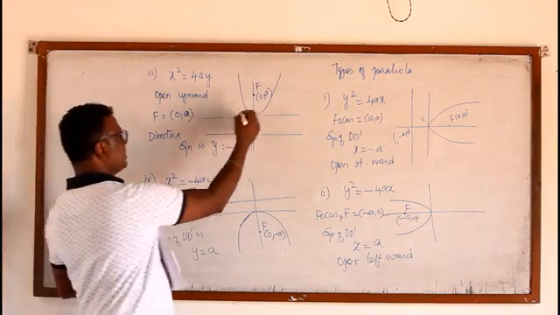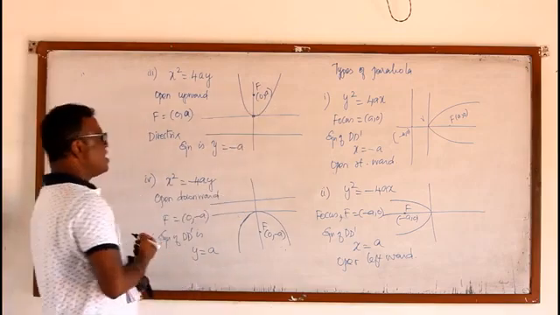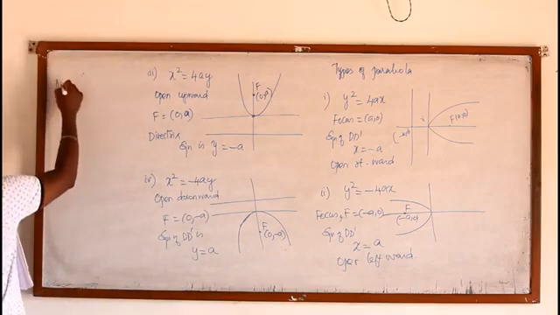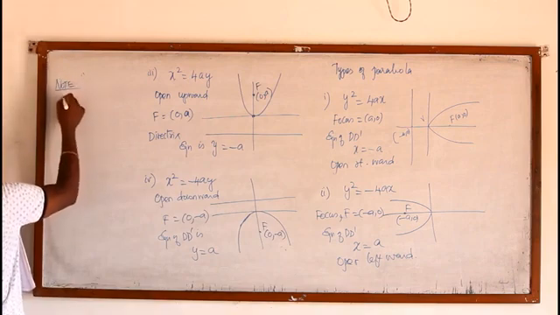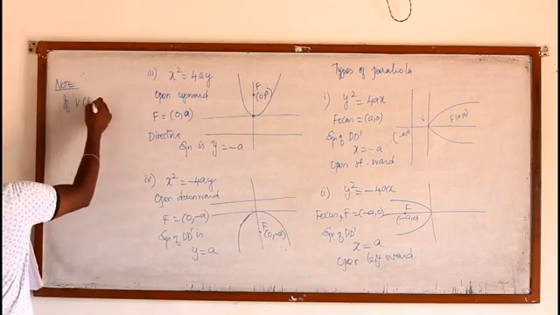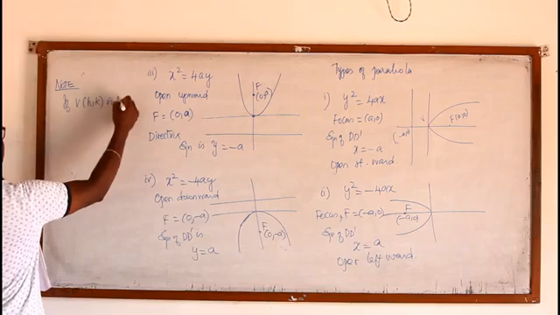Remember, in all these types we kept the vertex as the origin. Take down: suppose there is a change in the vertex, and V of h comma k is the vertex.